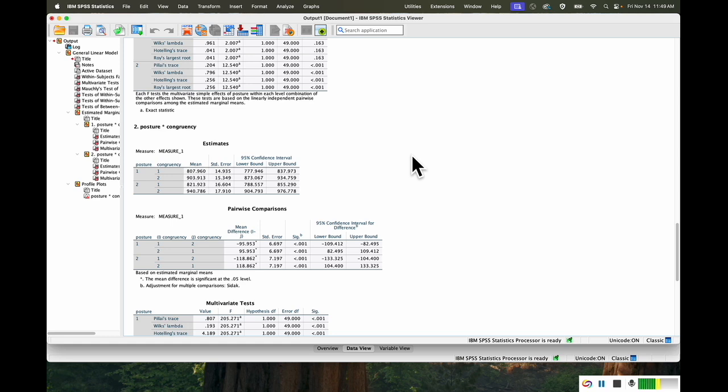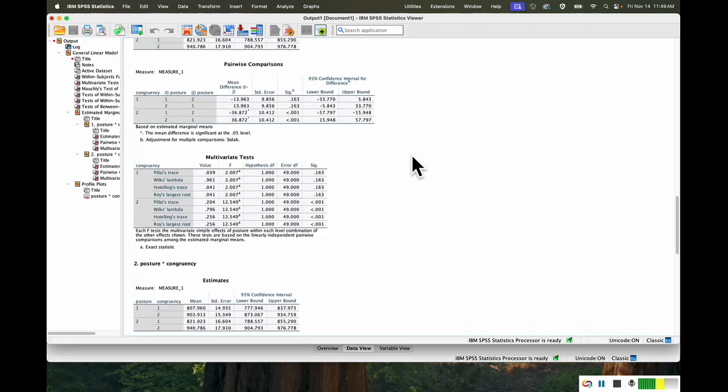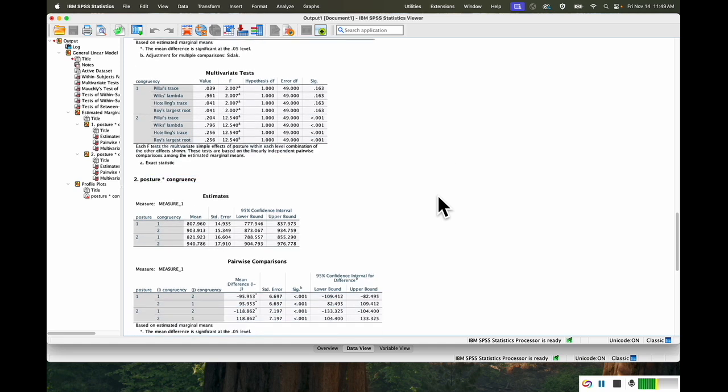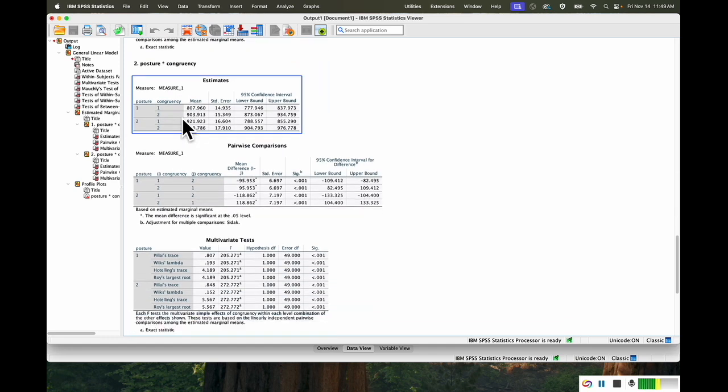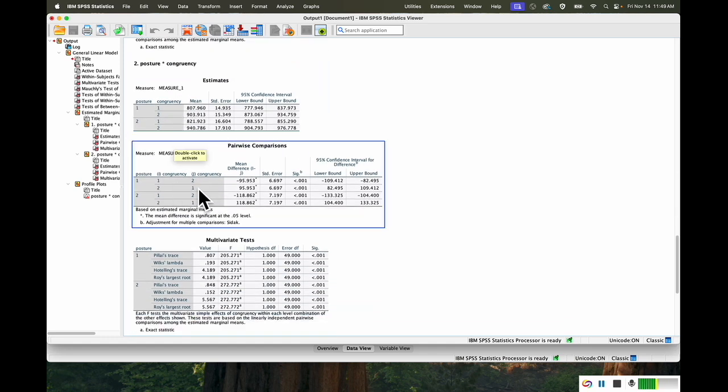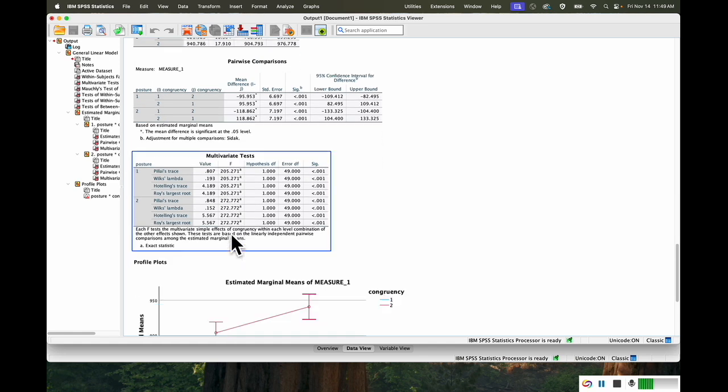Now, it gets a little more complicated if you swap around those pairwise comparisons and you look at posture and levels of congruency within them. Because whether you're standing or sitting, you're going to have a difference with congruent and incongruent reaction times. So in this case, it makes more sense to think about how posture is different within congruency rather than how congruency is different within posture.